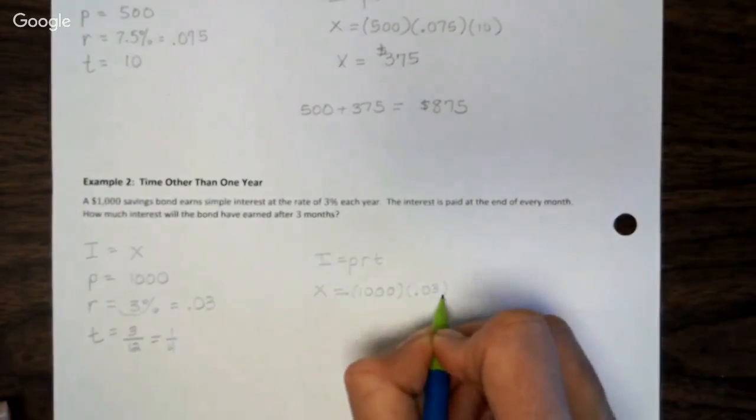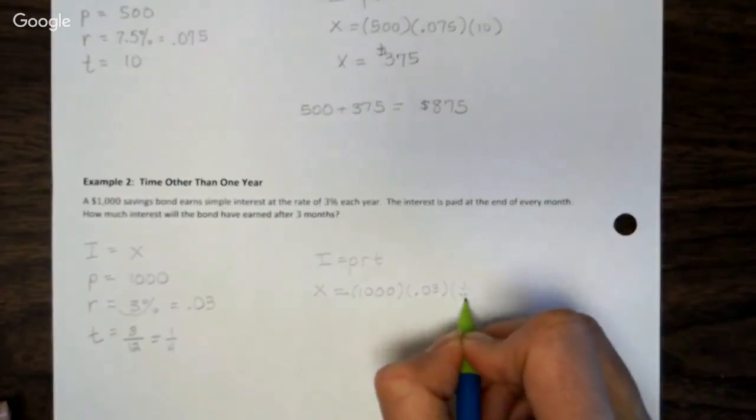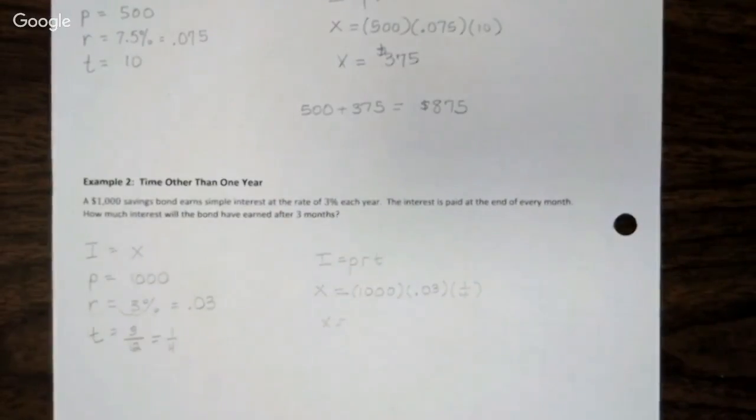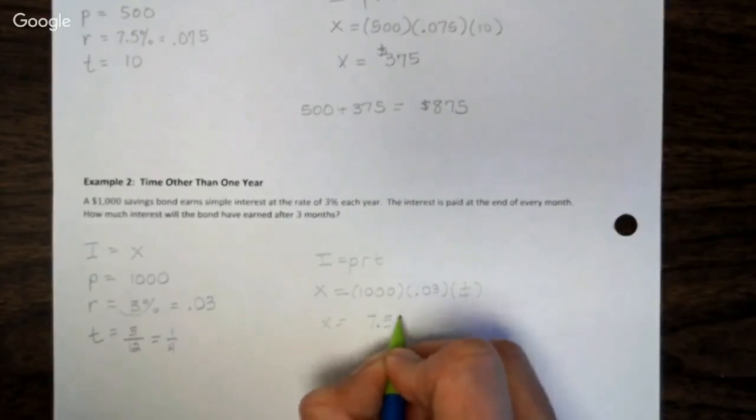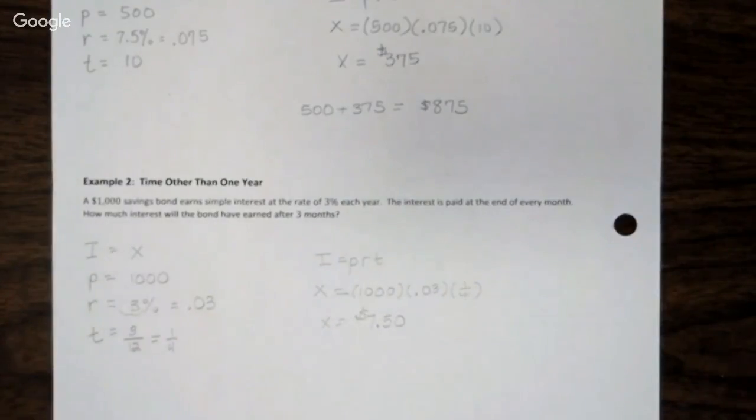Rate is 0.03. Time is 1/4. So 1,000 times 0.03 times 1/4 gives us 7.5, but it is money, so we're talking $7.50. Now this one's not asking for the balance, it's just asking for the interest.